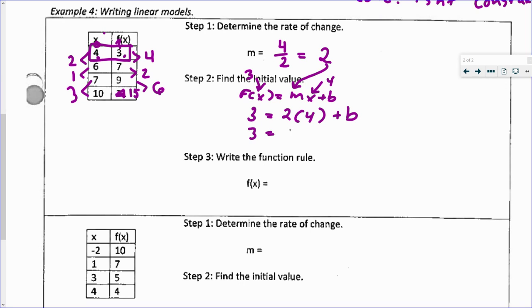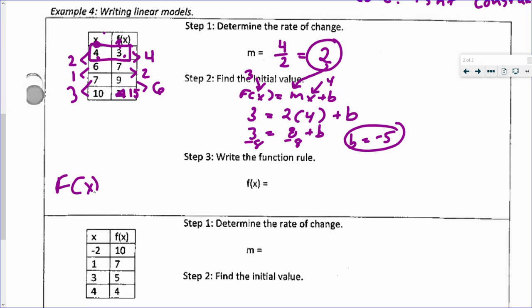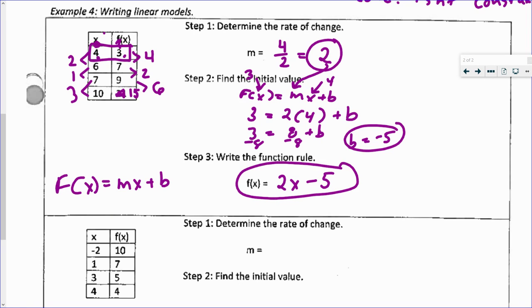So 3 equals 2 times 4 plus b. So if I solve for b, I get that b has to be -5. So now I know my 2 parameters. I know m and I know b. So any linear model is f of x equals mx plus b. In this case, m is 2, b is -5, so my function is 2x minus 5.